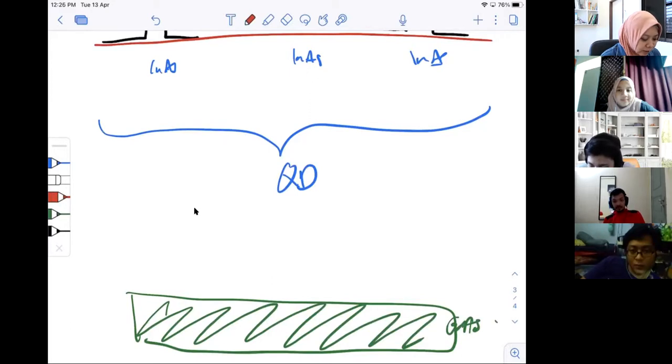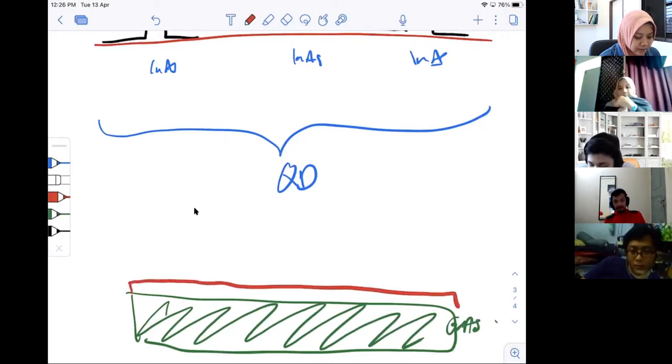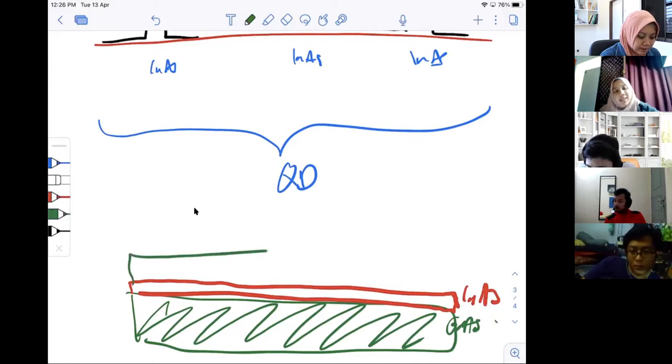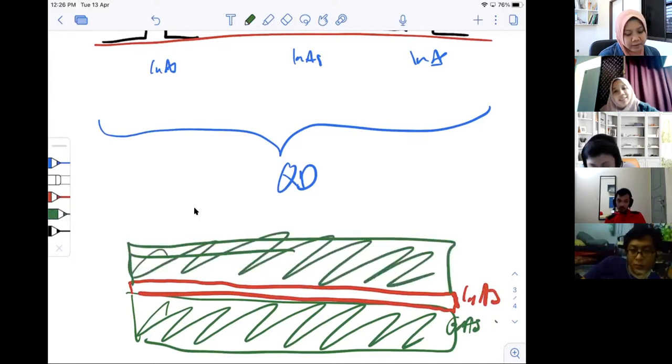Lepas tu kita buat quantum dot, ni indium arsenide. Lepas tu kita buat pula gallium arsenide.